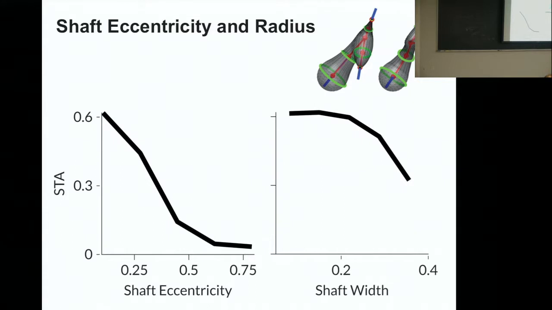And then the last interesting thing about the shaft specification was that now responses were highest for thin shafts and went down as shafts got wider, which represents the sensitivity of the neuron to this radius difference between this part of the shaft and the ending.